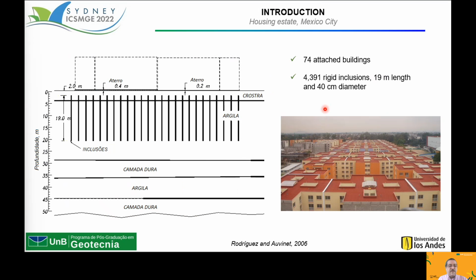Another huge project, and one of the first of this application also, was a housing estate in Mexico City. It had 74 attached buildings reinforced by a total of 4,391 rigid inclusions of 19 meters length and 40 centimeters in diameter.